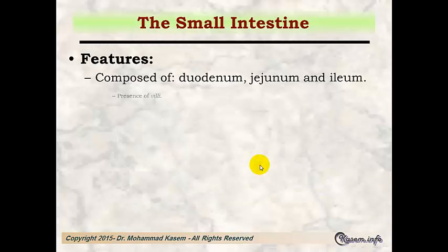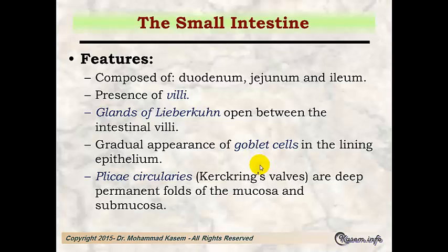The small intestine has features. First, it is composed of the duodenum, jejunum, and the ileum.